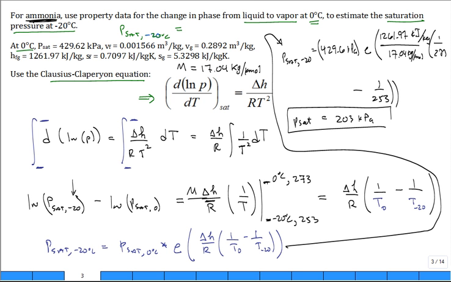How does it compare to the table value, 190 kilopascal? So it's close, but it's not spot on. It's 20 degrees different. So you extrapolated, or you predicted away from the data point 0 degrees C to Psat at negative 20. Yes?